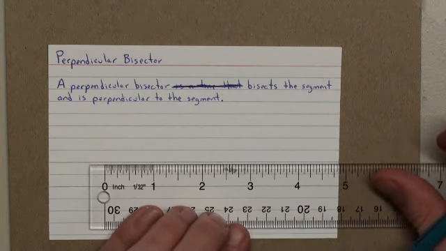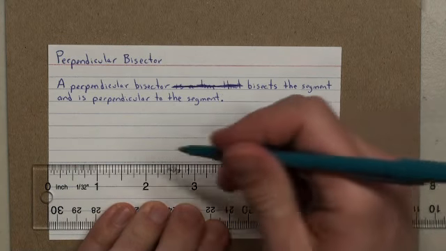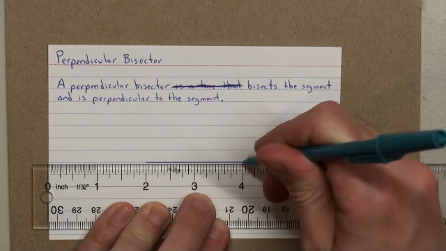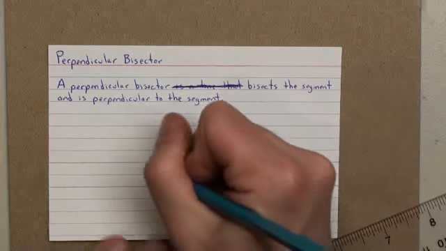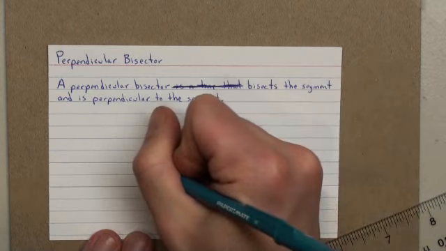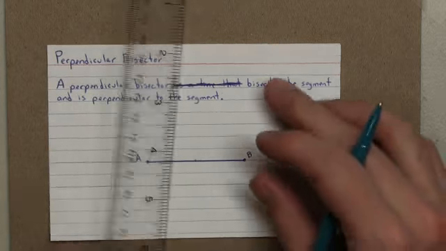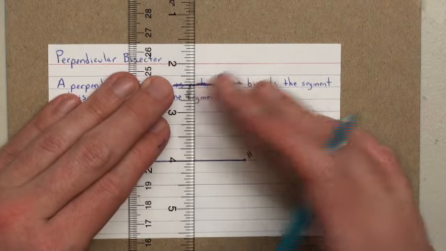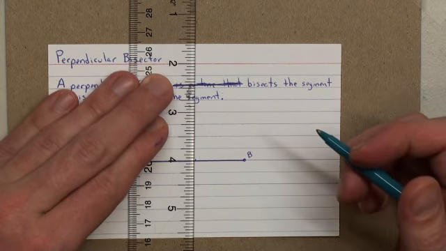So if I have a segment, I'm going to draw this one between, I don't know, the 2 and the 4. So that means the middle would be at the 3. So if I have this segment, let's call it A, B. I can draw a line or a ray or a segment or anything I want that cuts it in half, right?